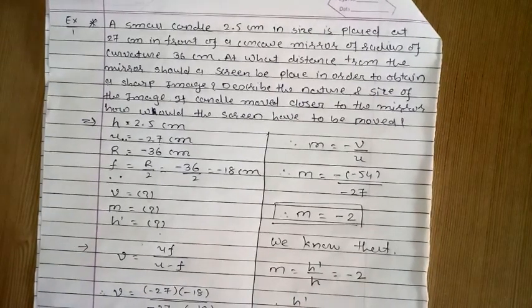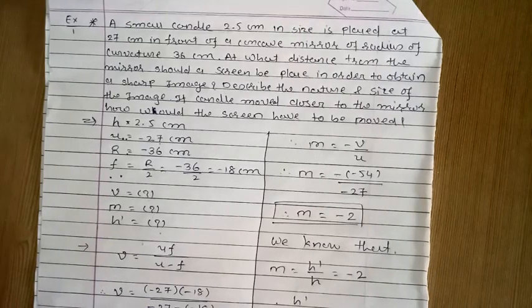We easily can say that. So we can answer that when the candle is taken towards the mirror, then the image moves away from the mirror.